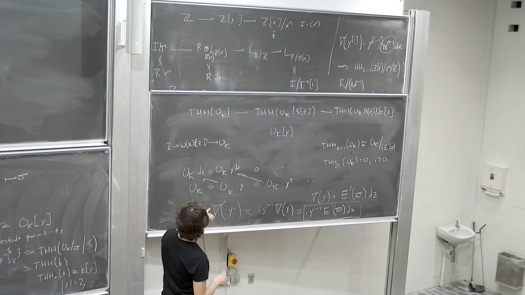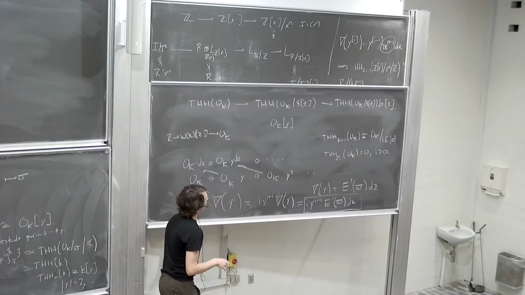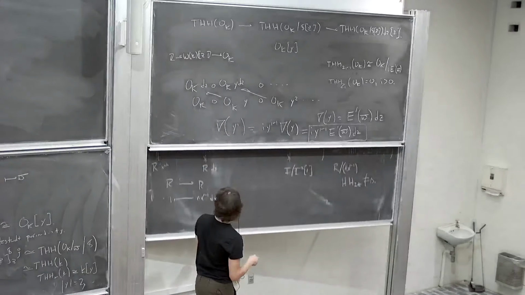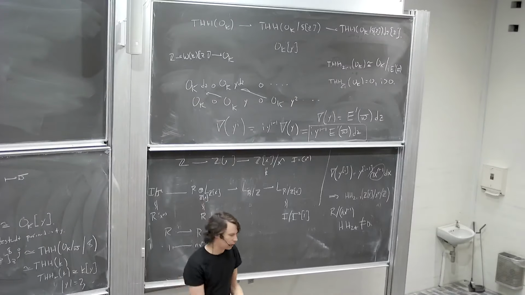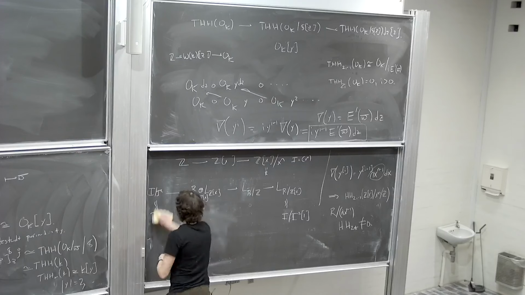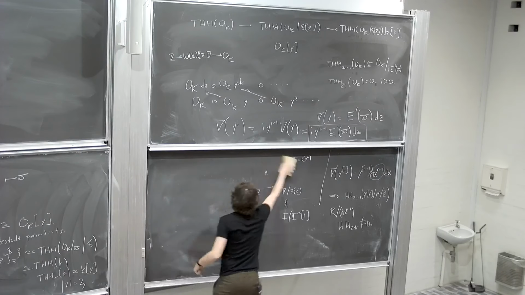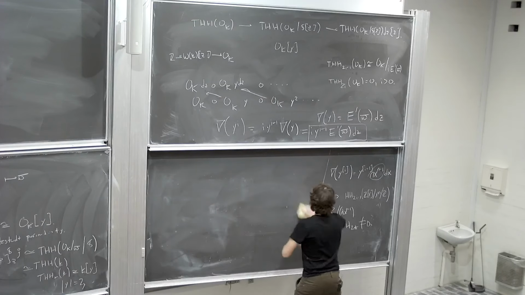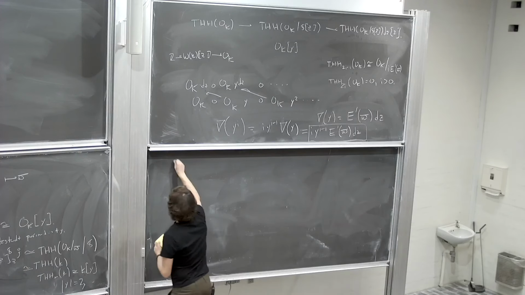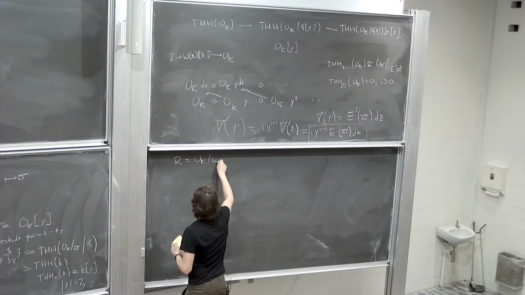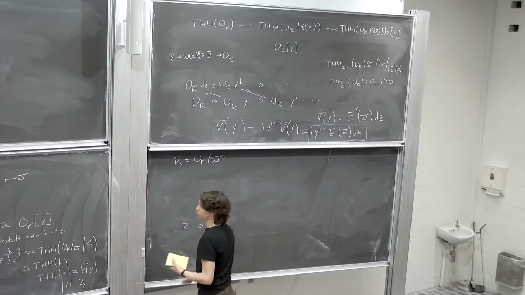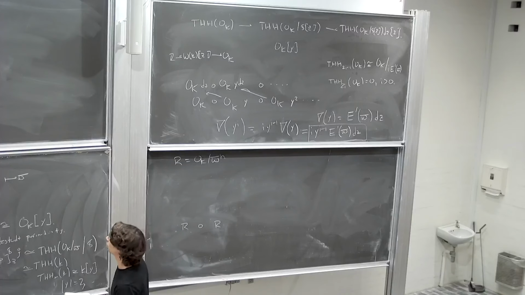Now, let me just in one word say what happens in the case of O_K mod pi to the n, and it's just a combination of the two calculations that we've already done. So R is O_K mod pi to the n. And again, we have R, 0, R, and now we have two generators. What did I call them?